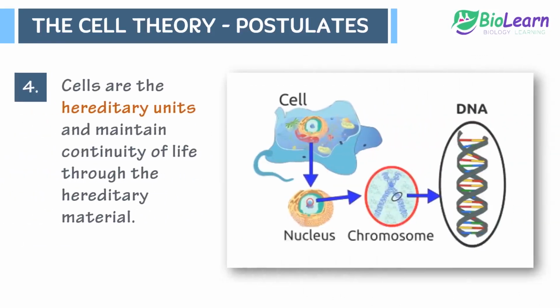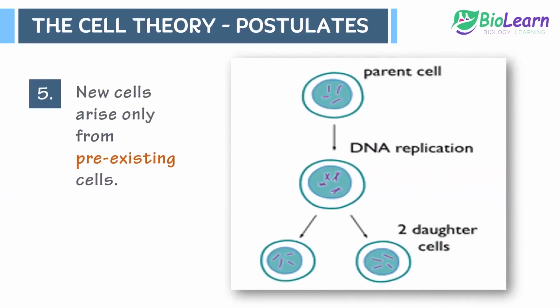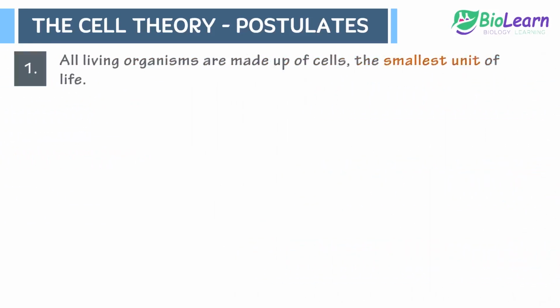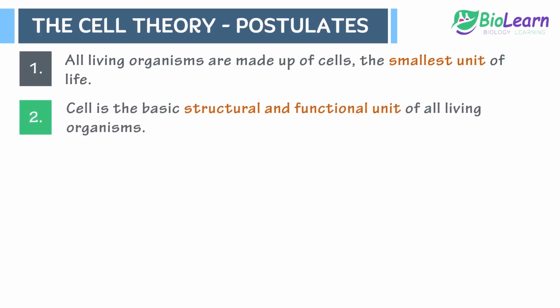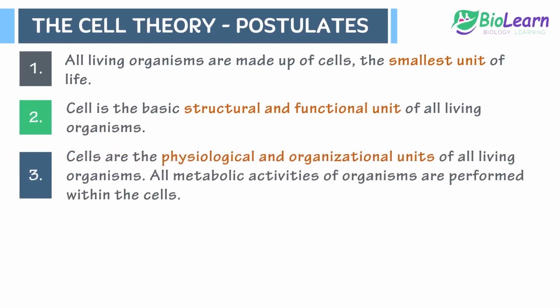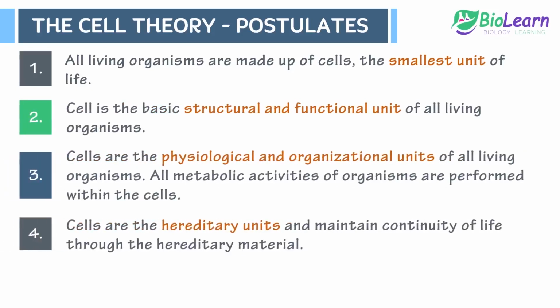Cells are the hereditary units and maintain continuity of life through the hereditary material in them. New cells arise only from the pre-existing cells. So the cell theory comprises all these 5 main postulates.